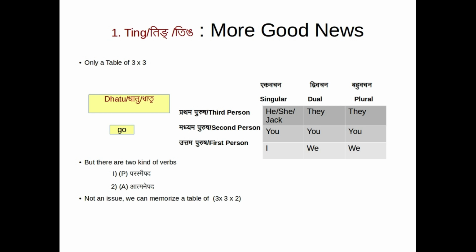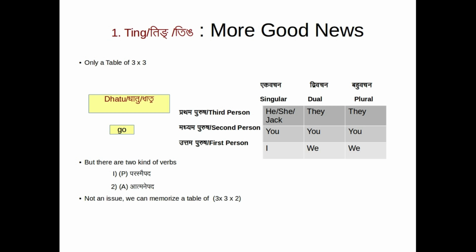So, in every situation, the dhatu will be used differently. So, we will get 9 different words called tinganta padas after applying ting pratyayas. Those 9 words will be used in the corresponding person and corresponding number.